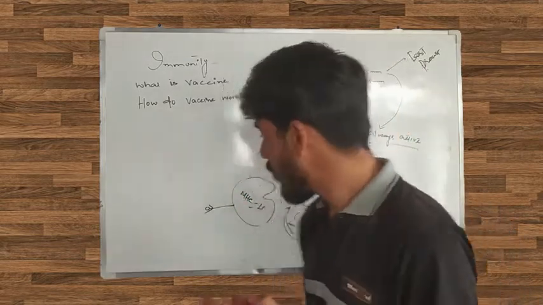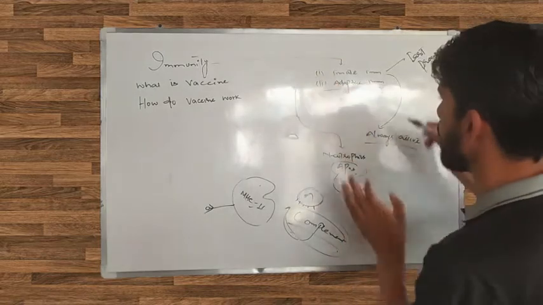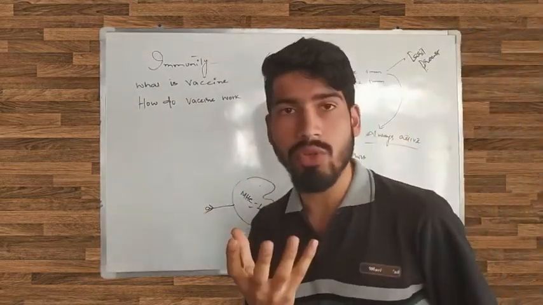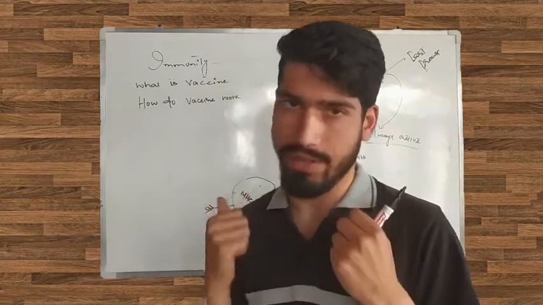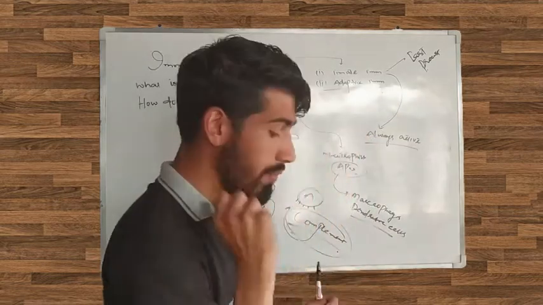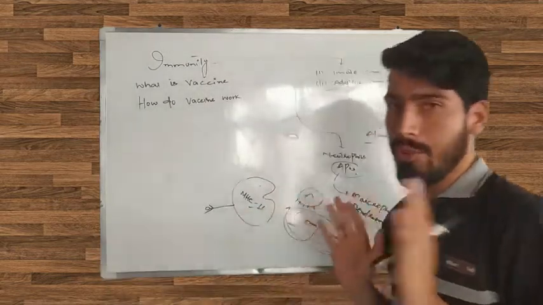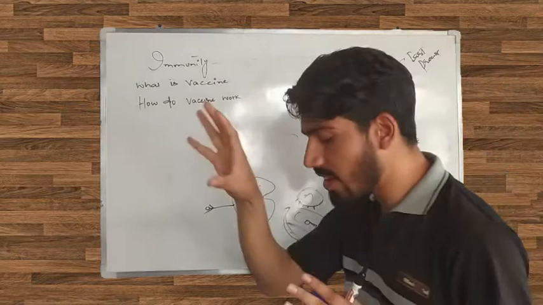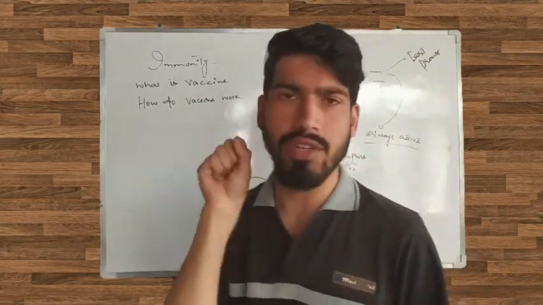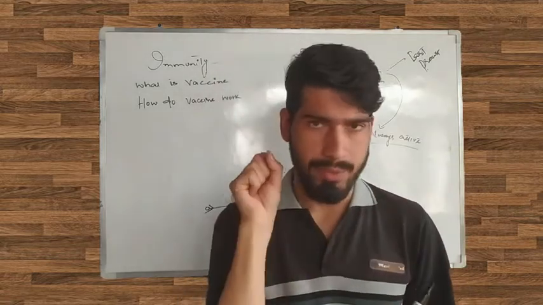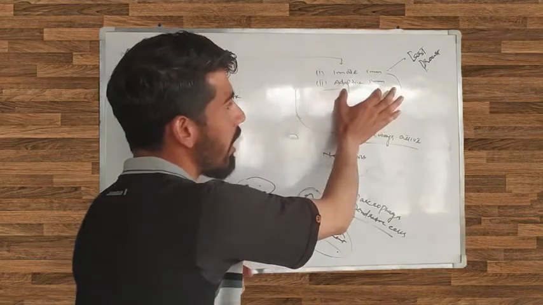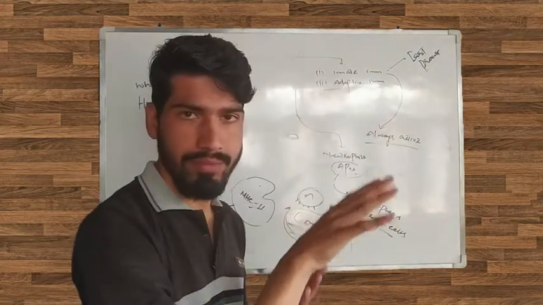So the innate immunity signals to the adaptive immunity, send me some more soldiers because they are coming in huge quantity. What does the adaptive immunity do? It first recognizes the antigen, or the specific pathogen, and produces the antibodies.